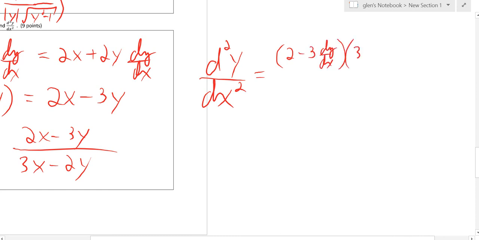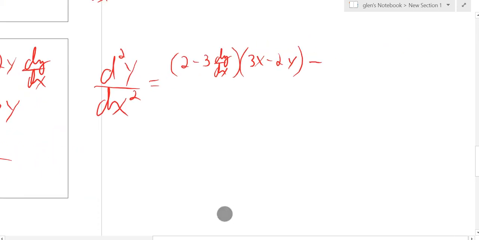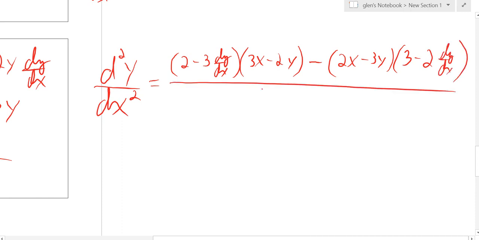Times the denominator, which is 3x minus 2y. Everybody with me still? Minus, the numerator stays the same. So 2x minus 3y. We're going to multiply that by the derivative of the denominator, which is 3 minus 2 dy over dx, all over the denominator squared. Is that okay?